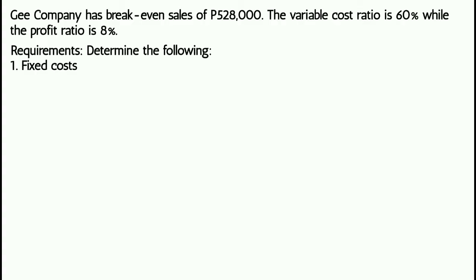Let's start with requirement number 1, determine the fixed costs. Ang break-even sales or break-even point in pesos ay 528,000 pesos. Pwede nating gamitin yung formula ng break-even sales or break-even point in pesos para makompute natin yung fixed costs.